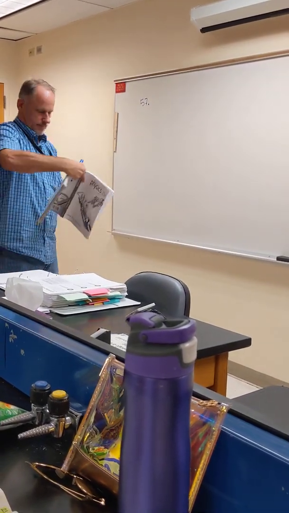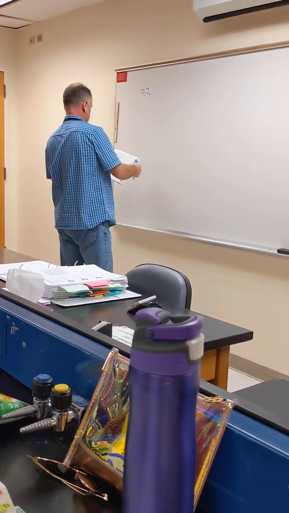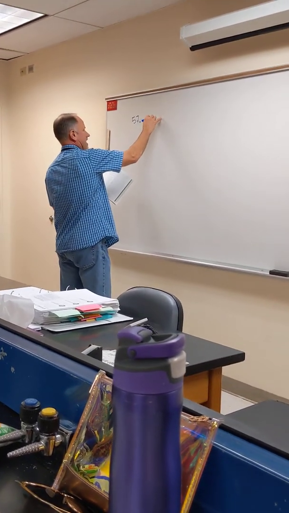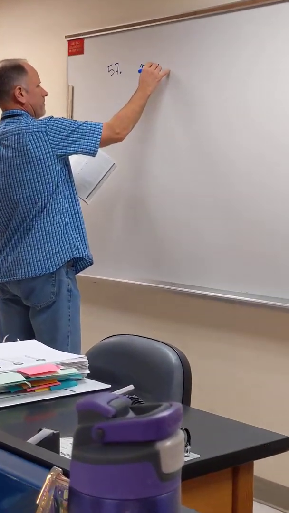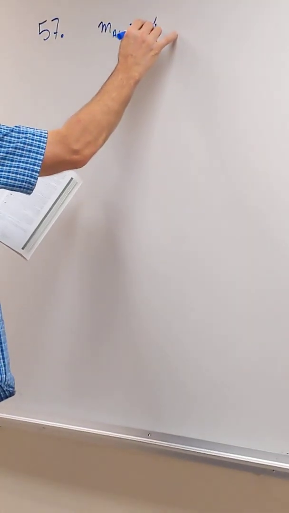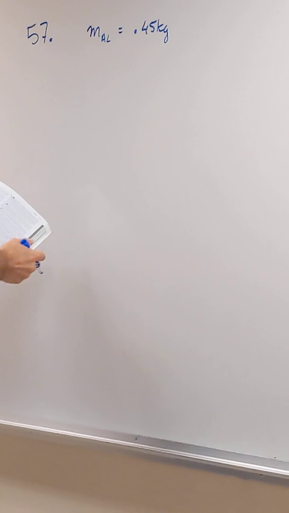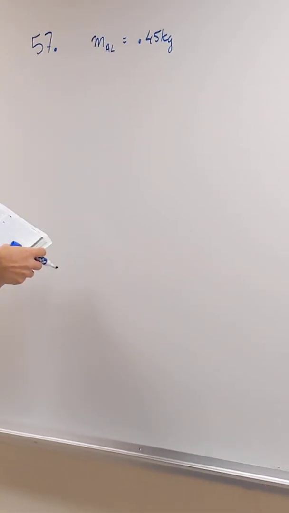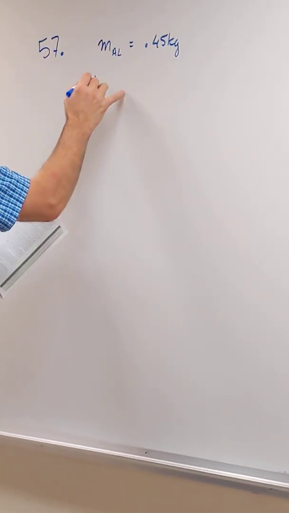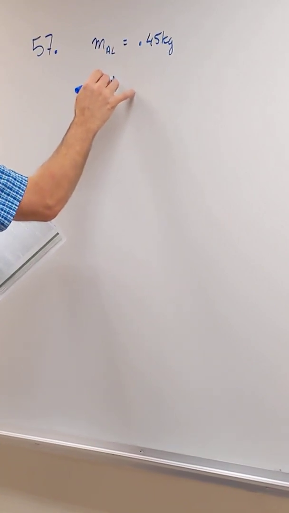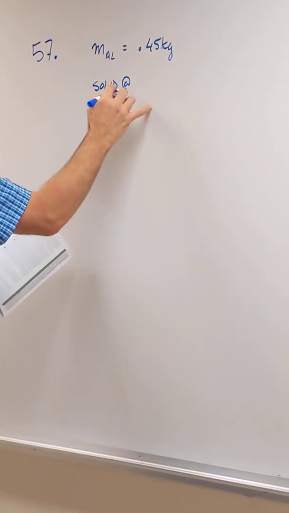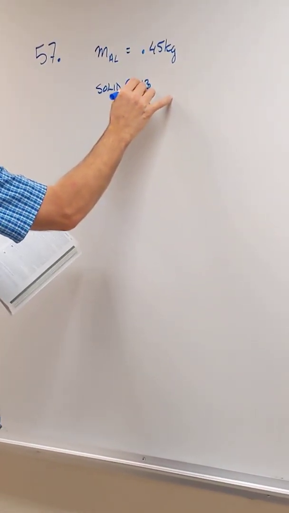All right, so I have a mass of aluminum of 0.45 kilograms. Oh, this is part of our homework. And it is solid at 130.